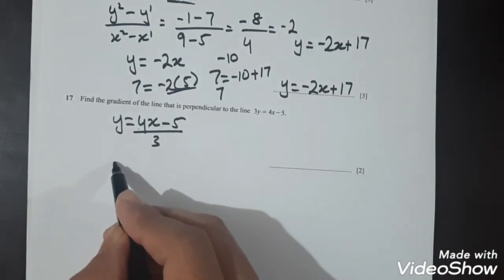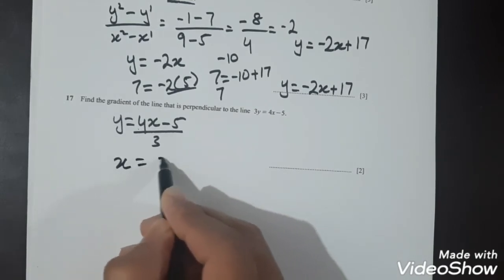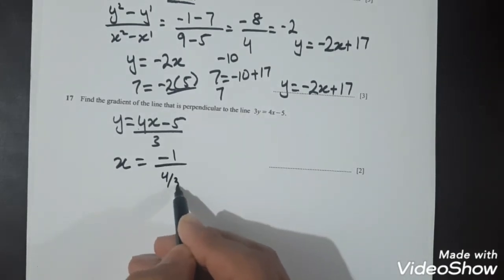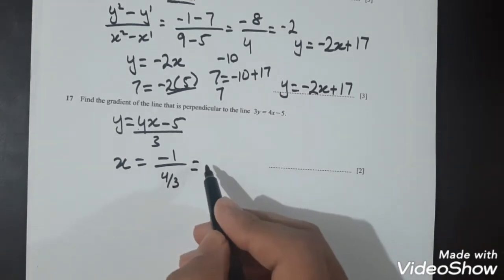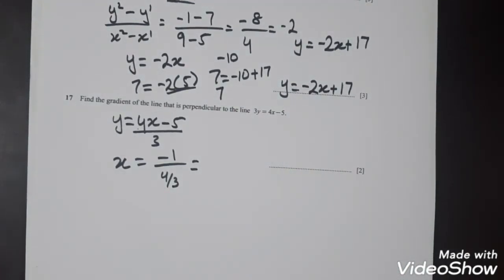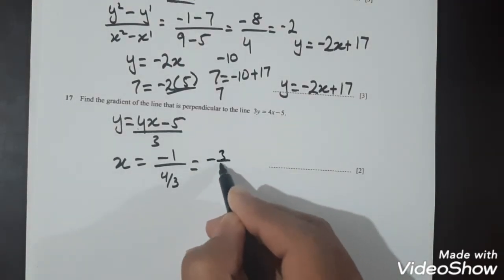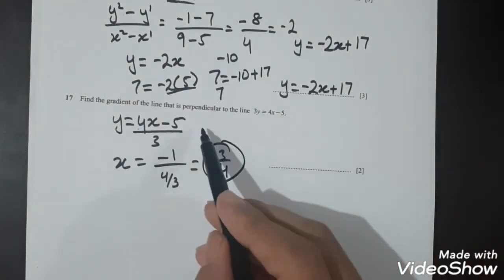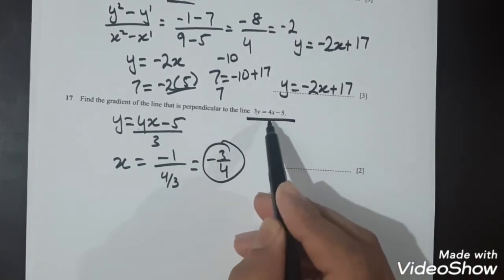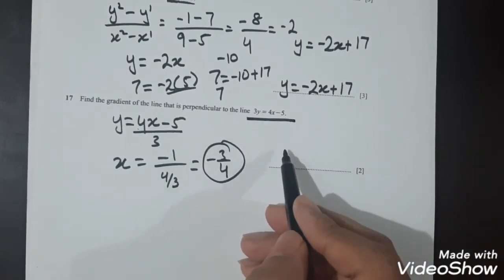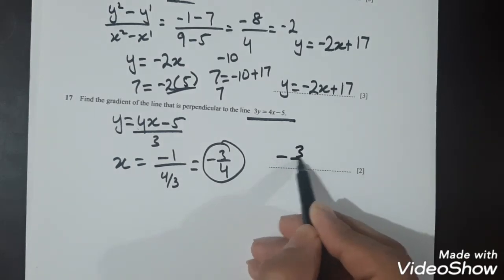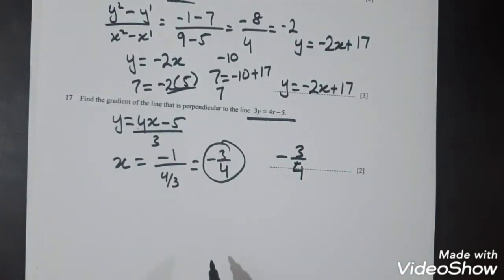To invert this gradient, we write m is equal to minus 1 divided by 4 over 3, which in the calculator is minus 1 divided by 4 divided by 3. This will be minus 3 over 4. So this will be the gradient of the perpendicular line for 3y is equal to 4x minus 5. So write minus 3 over 4.